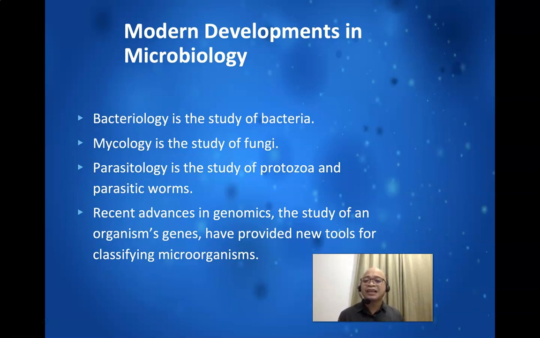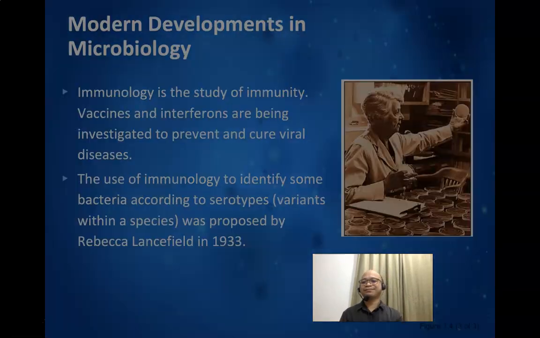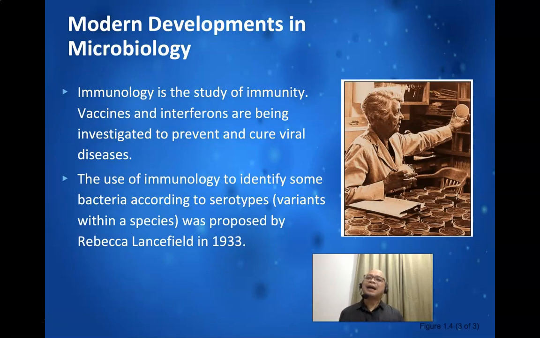There have also been advances in genomics, the study of an organism's genes, which have provided new tools for classifying microorganisms. Immunology also became one of the most important sciences here. Immunology is the study of immunity. There you could see development of vaccines and interferons, which are being investigated to prevent and cure viral diseases.